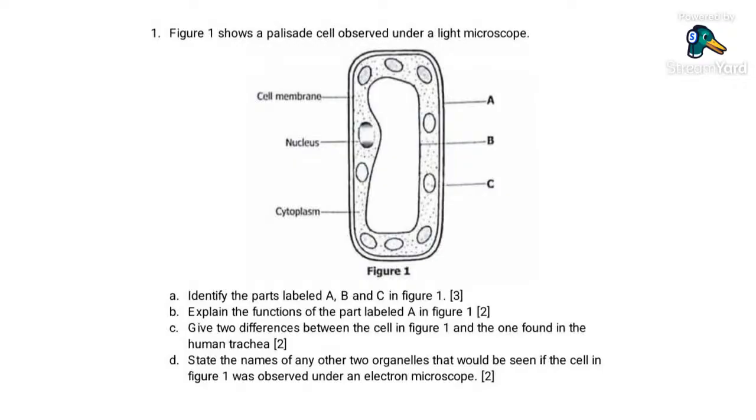So basically, you just state the organelles that you can see in the detailed structure of this cell. So those are the answers for question D.